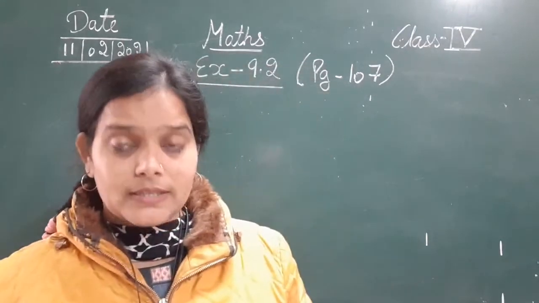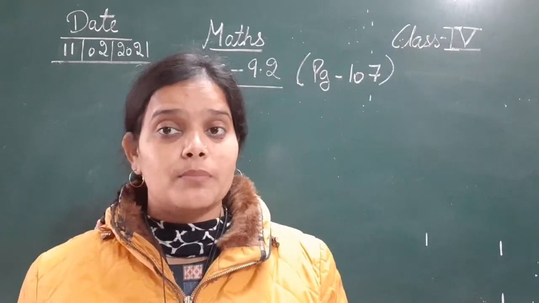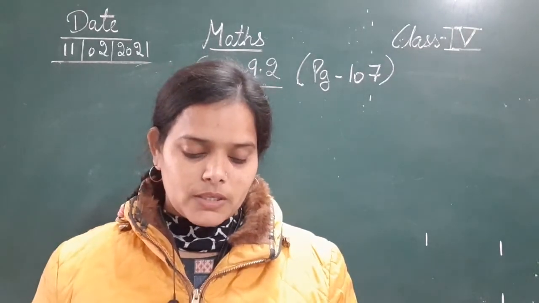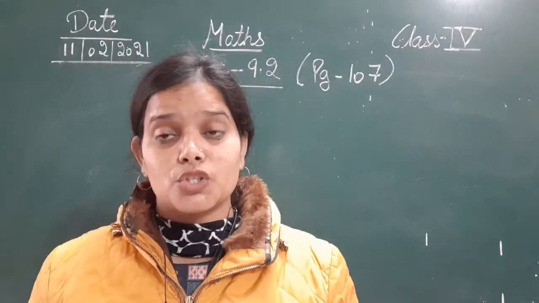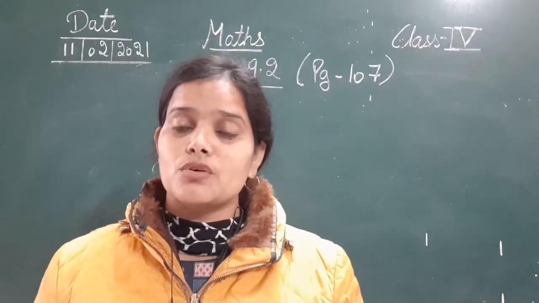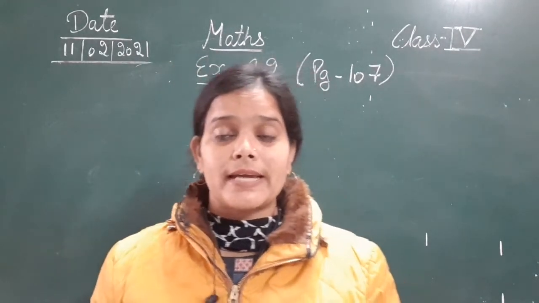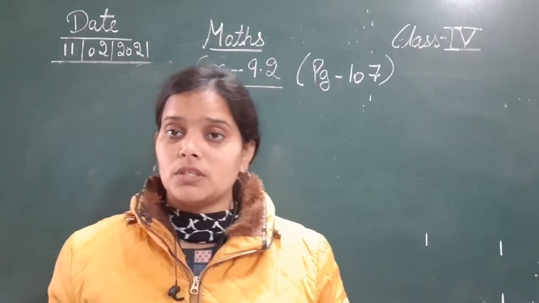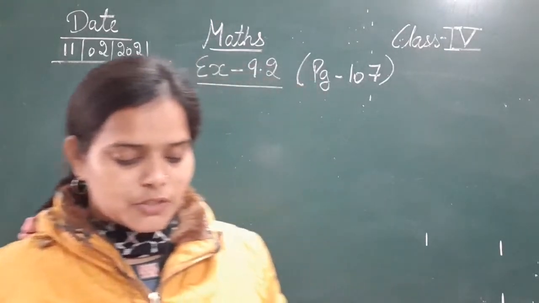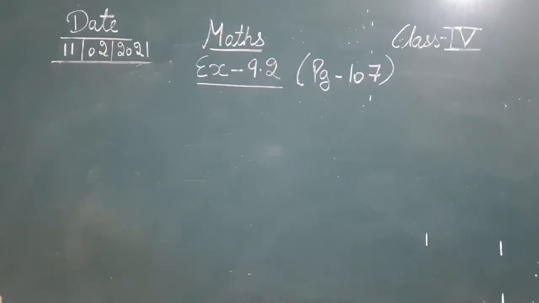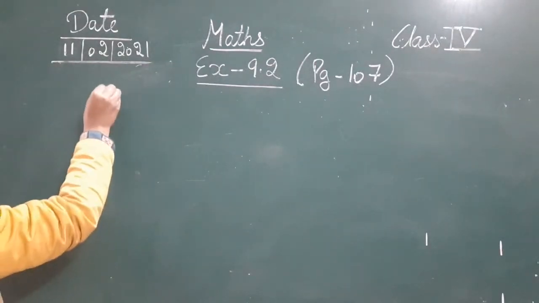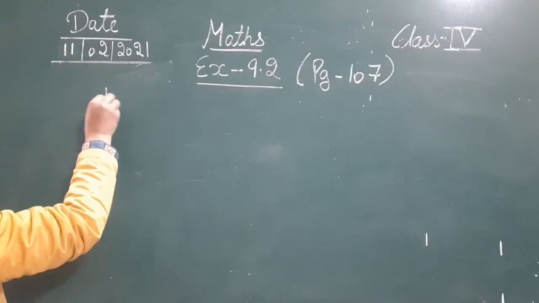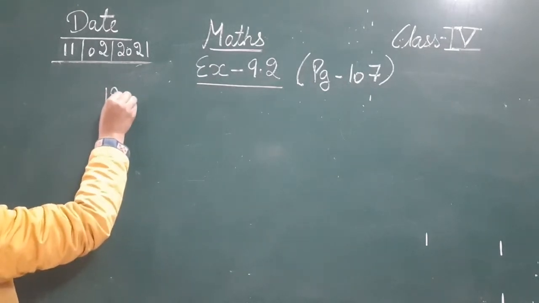Okay, so first thing, the cost of the different items that he bought, that is given. Then the amount that he had paid to the shopkeeper, that is given. So first of all, in this sum we will calculate the cost of all the items that he had bought from the shopkeeper. So let's begin with question number 12.